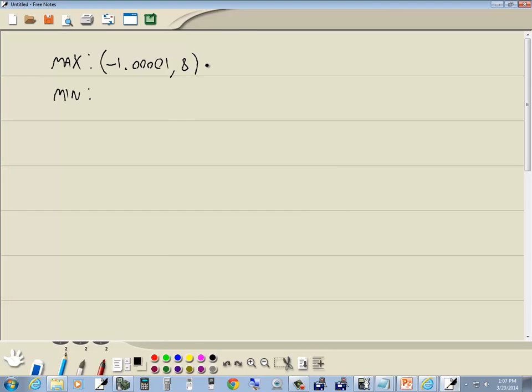Now there are rounding issues here. You can probably guess what this really is. It's negative 1.8. That would be our max. When you see something like that, that's almost always a rounding issue.